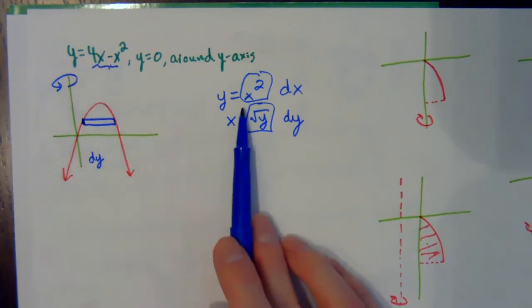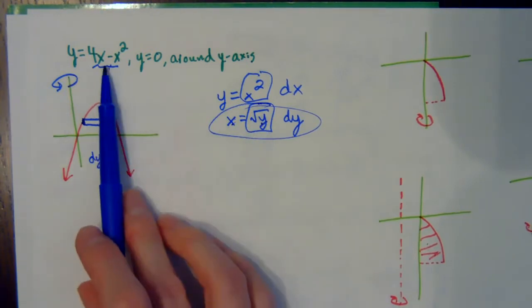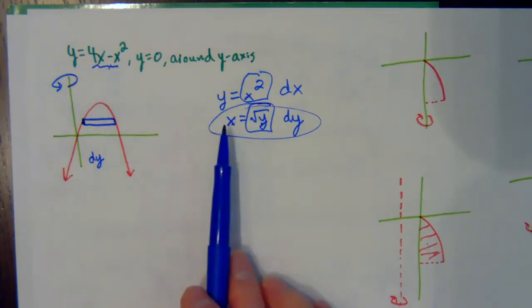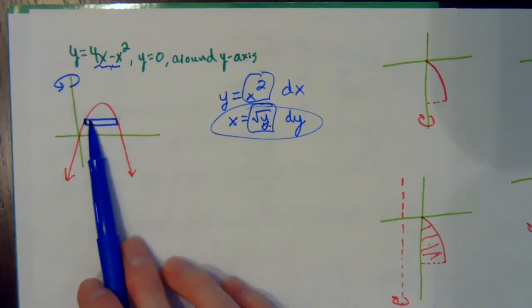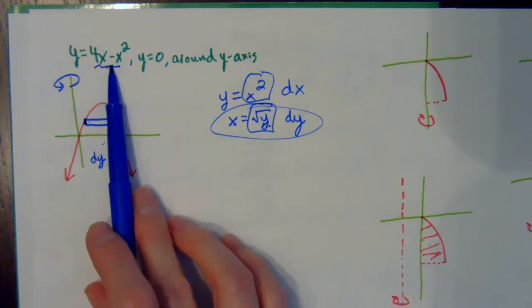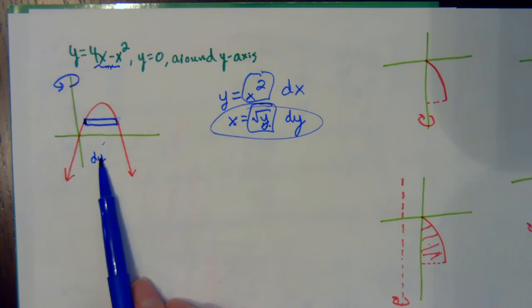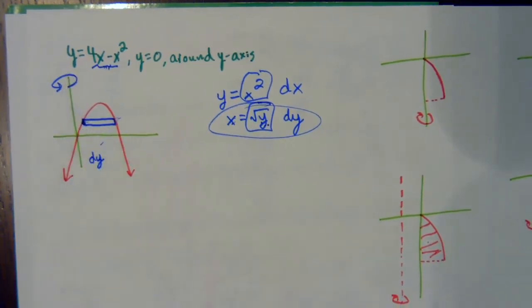I can't solve this and get x equals something in terms of y. You could do a GCF, but you still can't have x equals something where you have nothing but y's over there. It can't be done, okay? So the picture dictates that I don't want that scenario, and the equation dictates that this can't be a dy problem, and if it's a disk method, it's perpendicular, that's a dy problem right there.